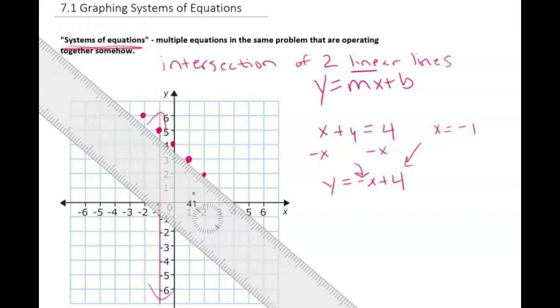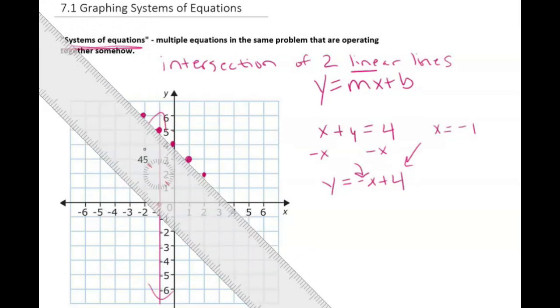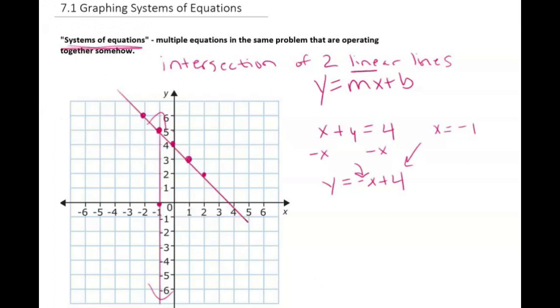All right. I'm going to try to align my ruler, which is trickier than it may seem. And you find the point of intersection, which is right there. That is the point -1, +5.